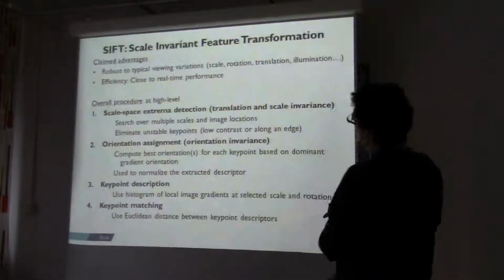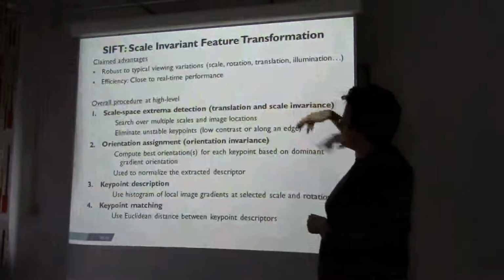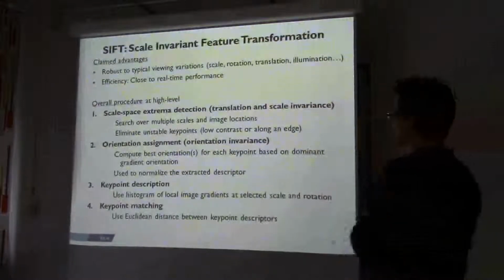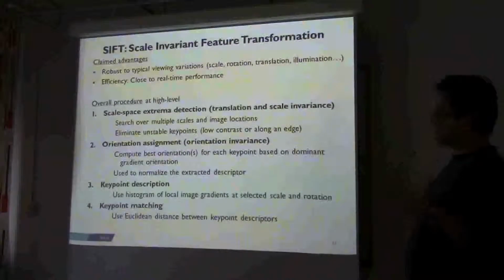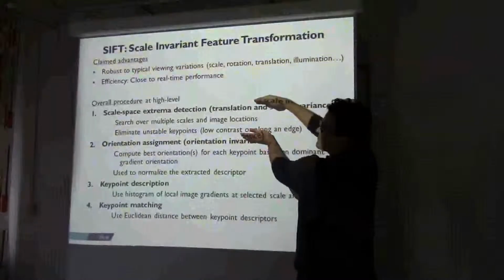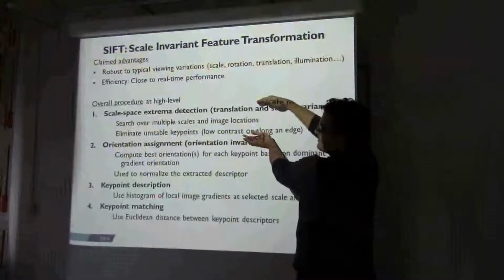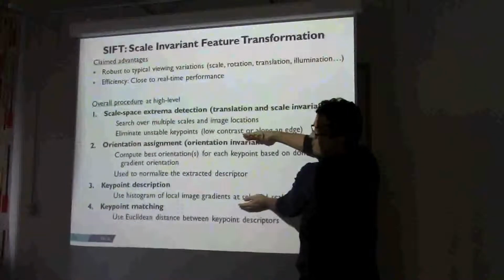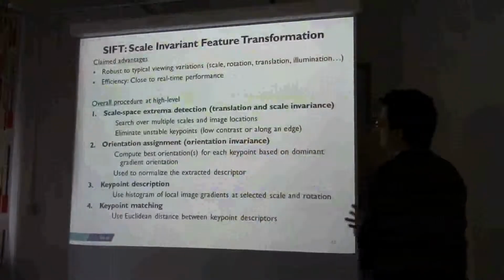It claims to be robust to different image variations, and we will see how: scale, rotation, translation, illumination, and so on. The idea is what I've been telling you: you extract points in the image that are unique or relevant, you extract a descriptor around the points, and then you can use these points for matching.